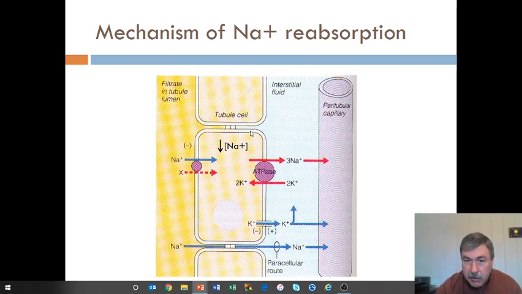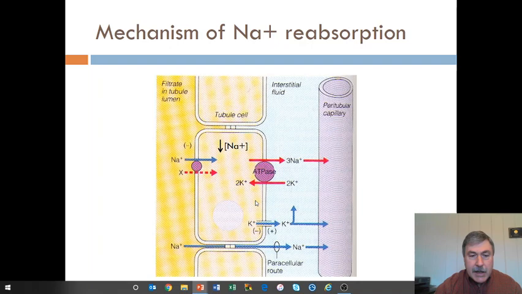So located over here on the lateral side of these cells, and also on the basal side of the cells, there are sodium-potassium ATPase pumps, which is a form of active transport. And these sodium-potassium ATPase pumps, which are running all the time, actively transport 3 sodium out of the cytoplasm of the tubular cell, and at the same time they transport 2 potassium to the inside of the tubular cell.